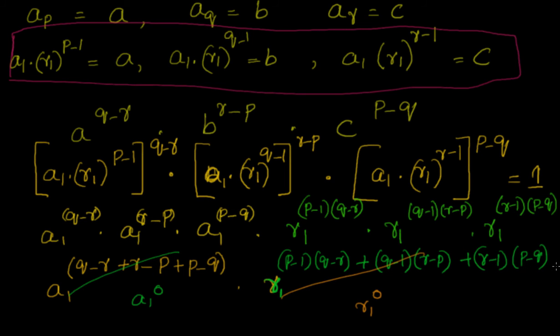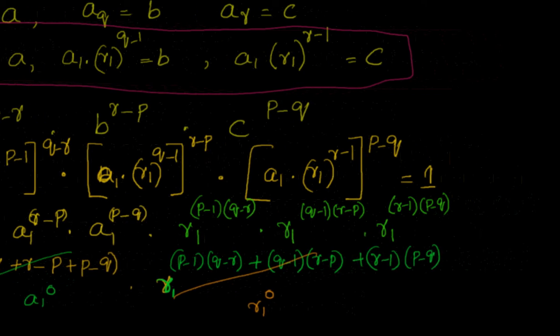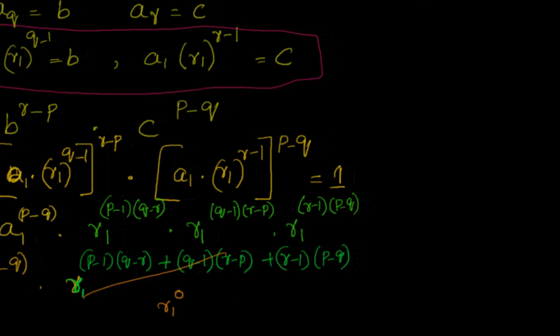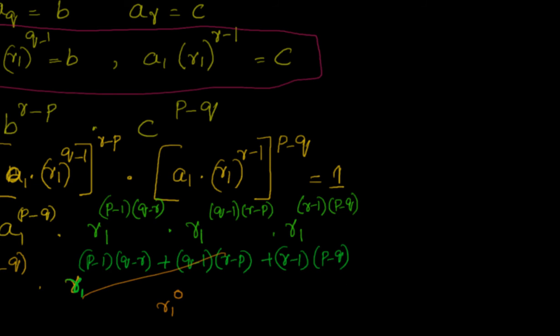Now the only thing is how this is 0, and I will explain that here. Remember, p minus 1 into q minus r. What are we focusing on?